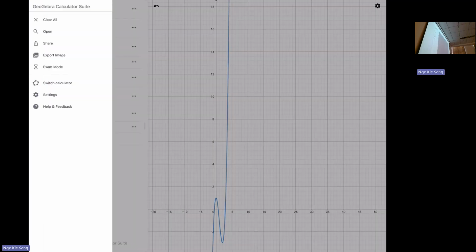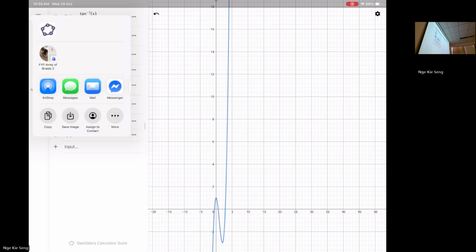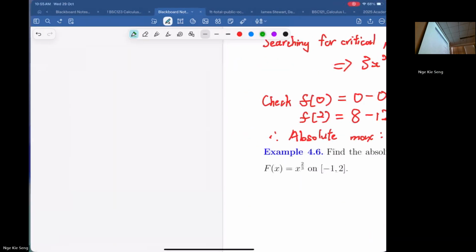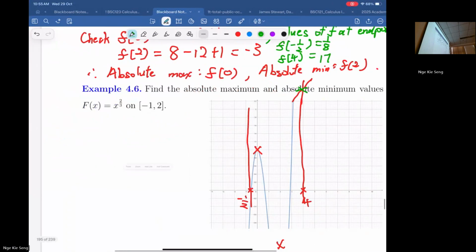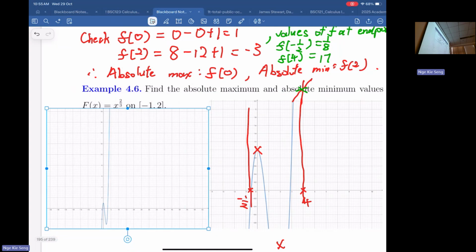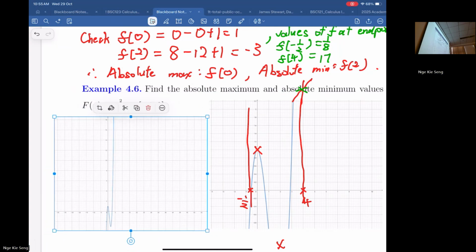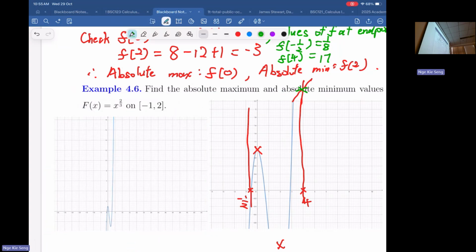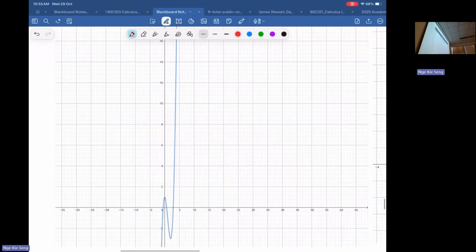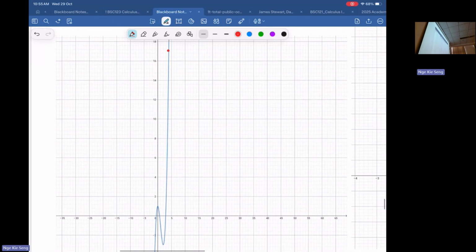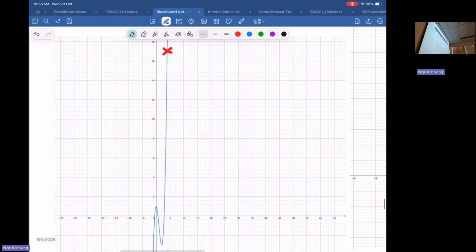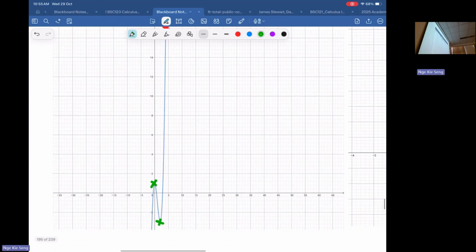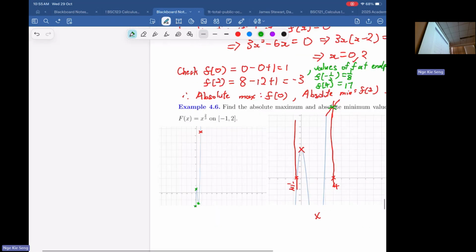So here, let's export it again. Copy, paste here. This is the graph that we actually like. If I zoom in a little bit, 17 is somewhere here. So just now what we found was f0, f2, and f of minus half.